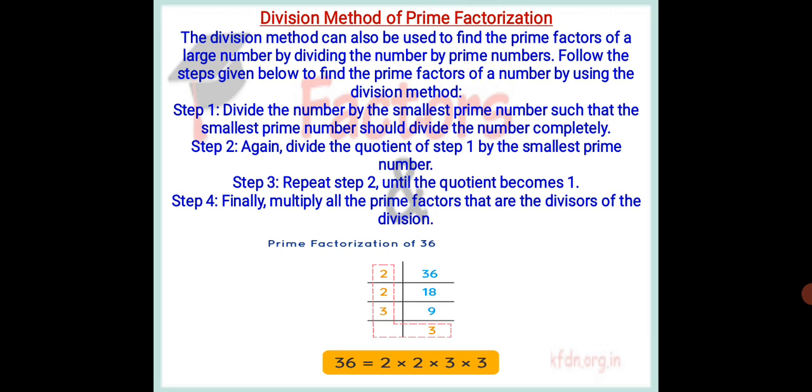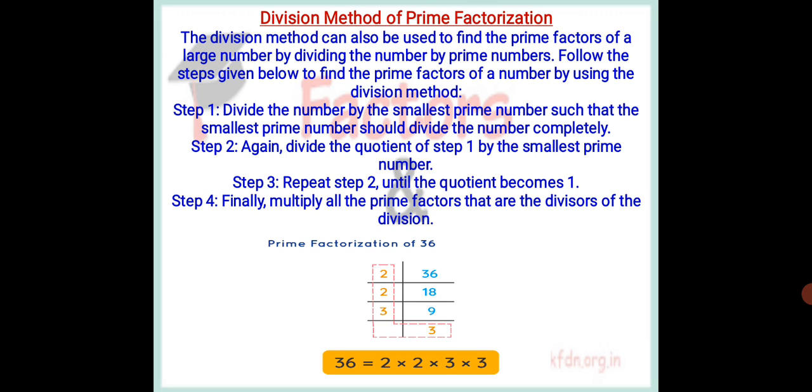What is the first step? Divide the number by the smallest prime number. Okay? First step is to divide the number with the smallest possible prime number. Again, divide the quotient of step 1 by the smallest prime number. Keep on dividing or follow the division method.